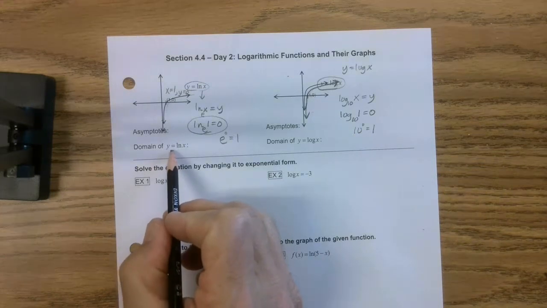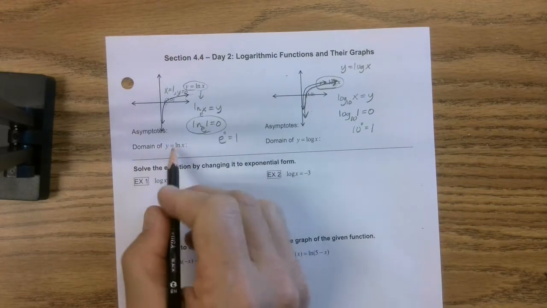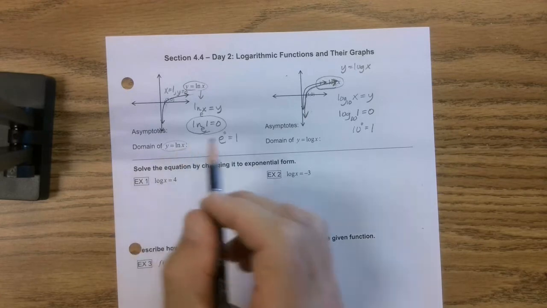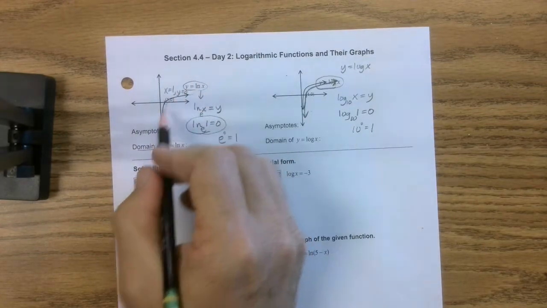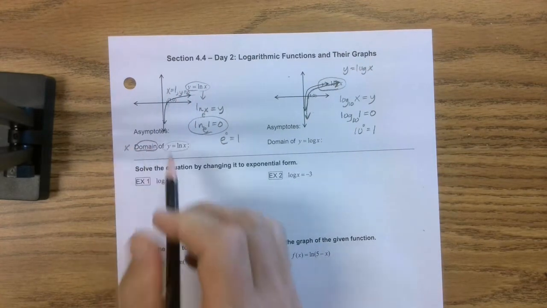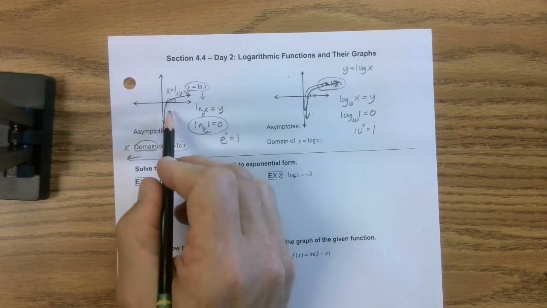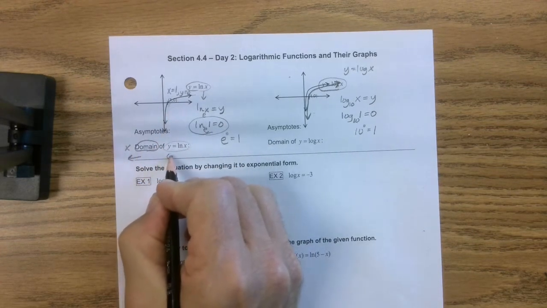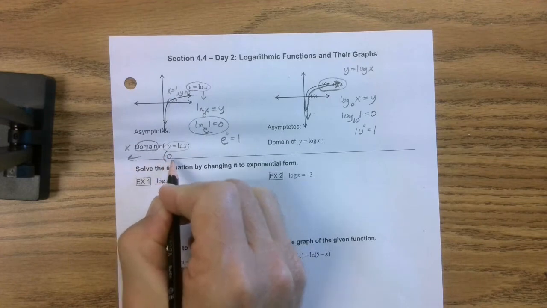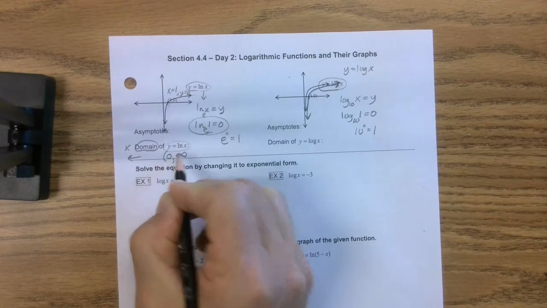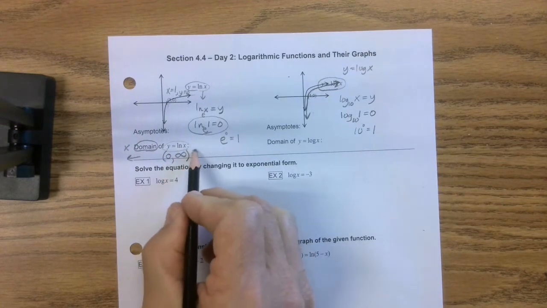The domain of the natural log function, domain means x. In other words, how far left does it go? It gets to 0, but it doesn't touch 0, and then it goes on for eternity to the right, okay?